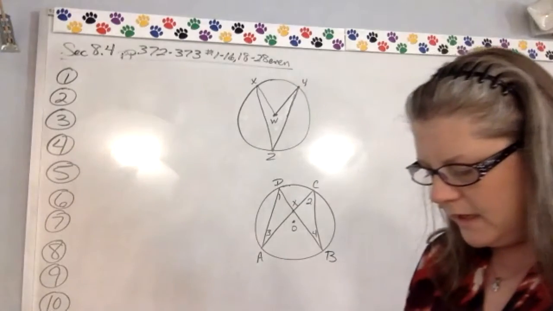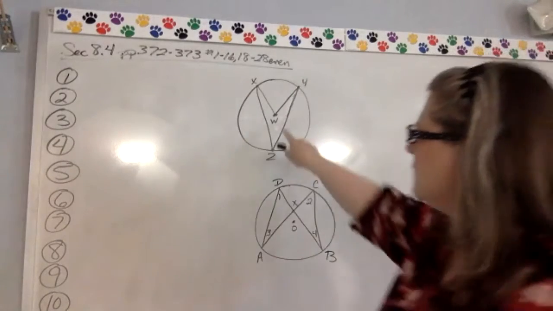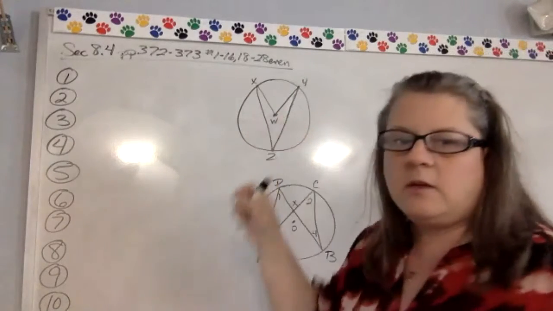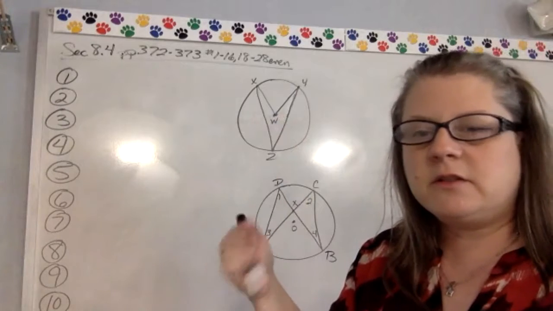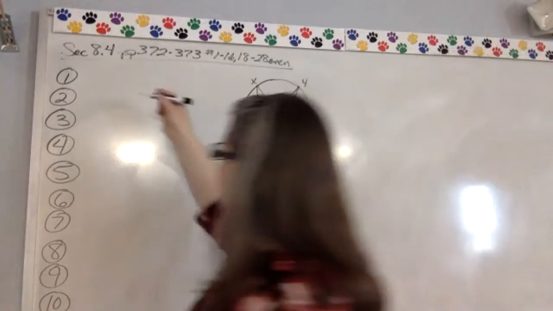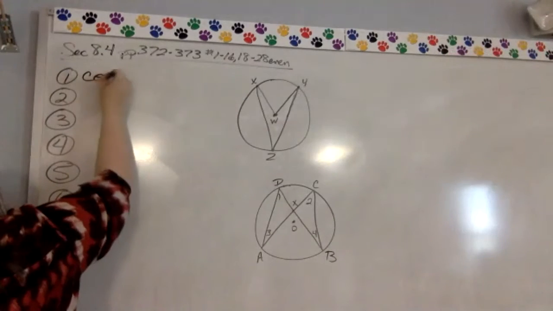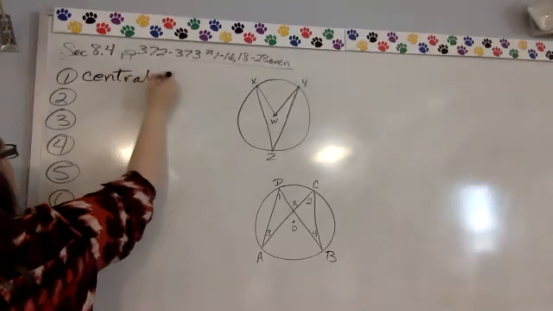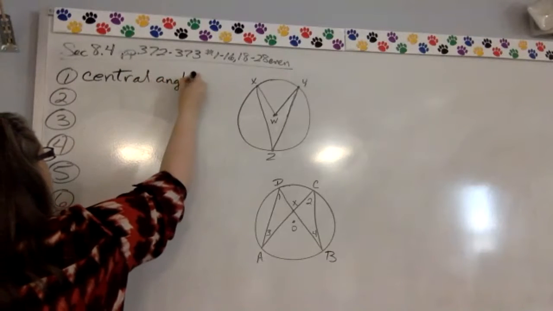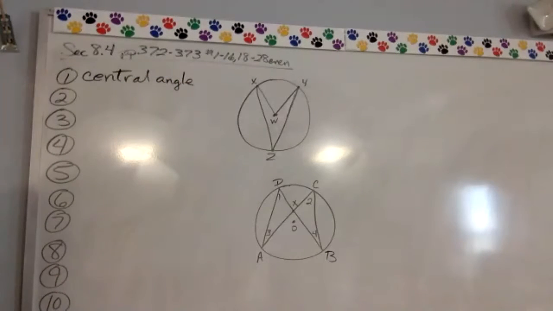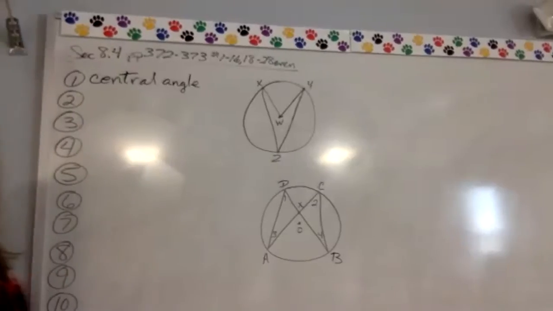On number 1, it says, what type of angle is angle W? Angle W is there at the center, so it's going to be a what type of angle? Central angle. So that's all you're doing right there. Okay.